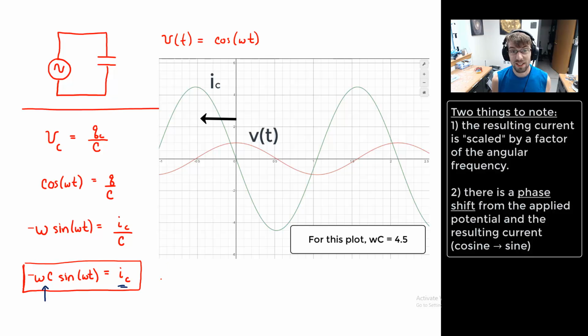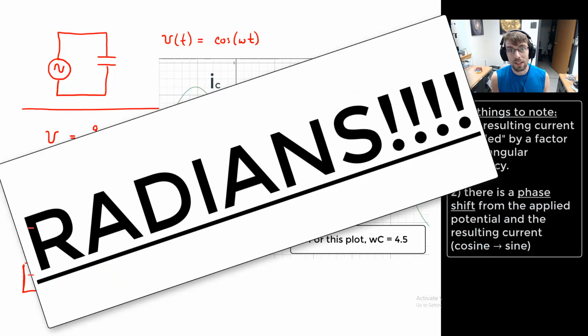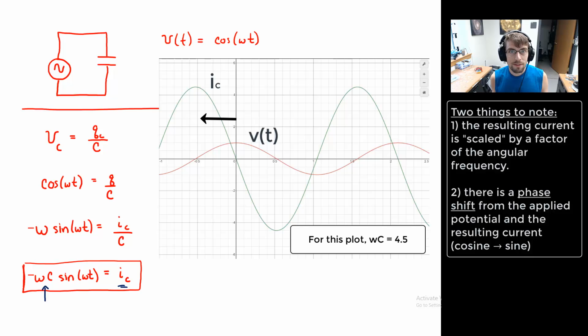So a different way to say this, the response of the capacitor is shifted with respect to the applied potential. And you can see the shift as well, right? You see that it's shifted pi over 2 to the right.